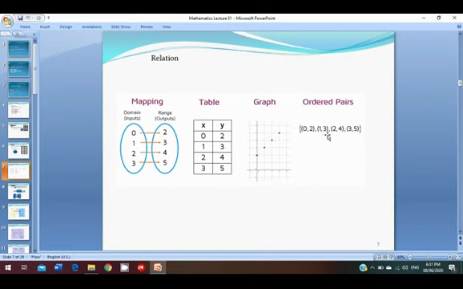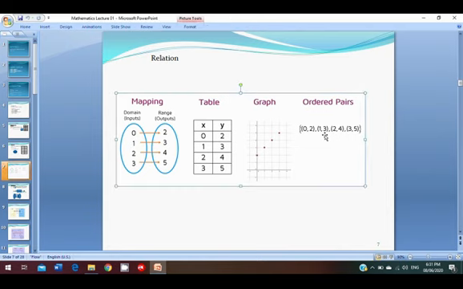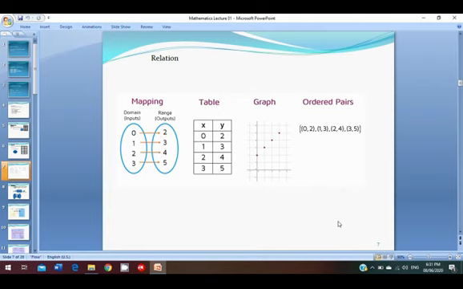Now, when we plot these ordered pairs on graph paper, we get a graph of this relationship. And this is the second representation of this relation.